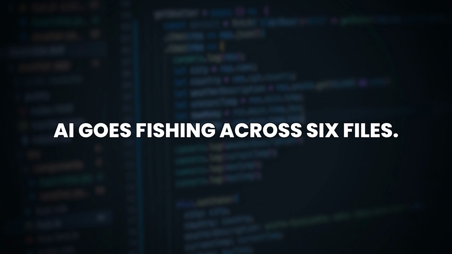You ask the AI to change how orders get created. To do that correctly, it has to find the controller, then trace the call into the service, and then into the repository, and then over to the validator, and then check the mapping. You get the idea. The relevant logic is spread across 6 files, and the AI has to go fishing for all of them and hold them together in its head at once.